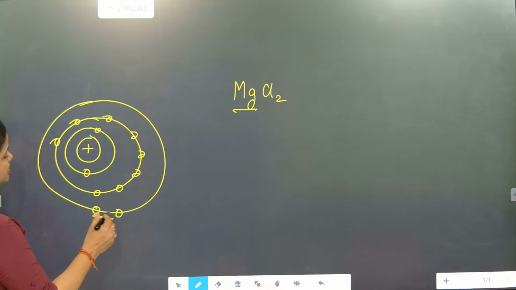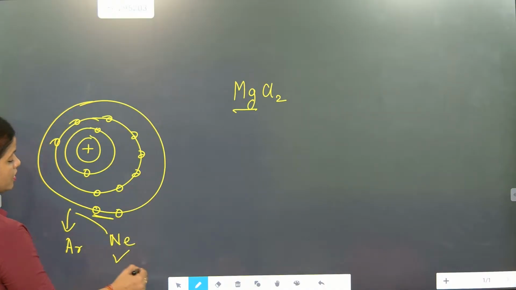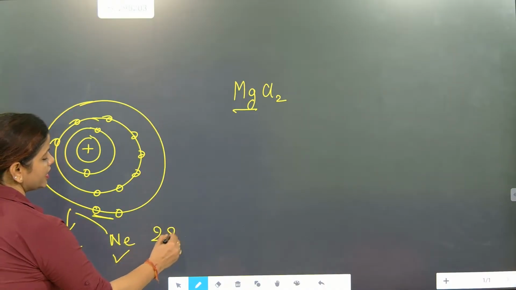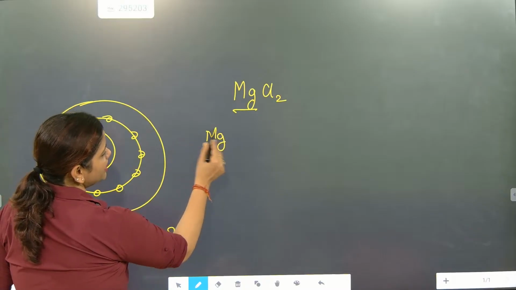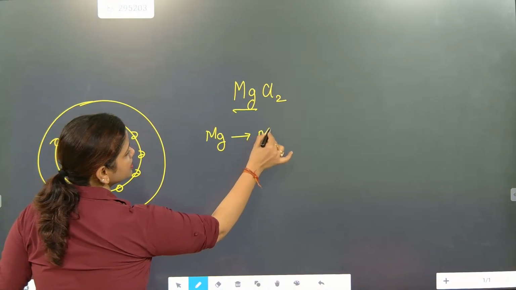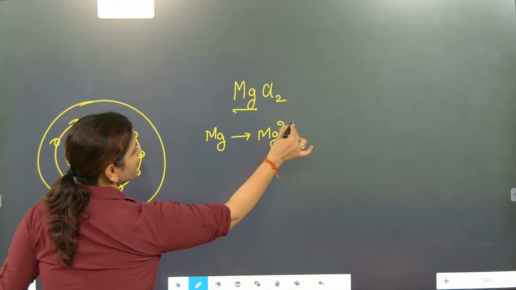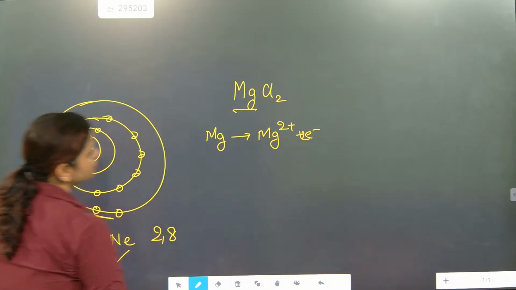Magnesium wants to gain the nearest noble gas configuration of argon or neon. The correct answer is neon, which is 2 and 8. So what will magnesium do? Magnesium is a metal. It will release its 2 electrons and become Mg2 plus.